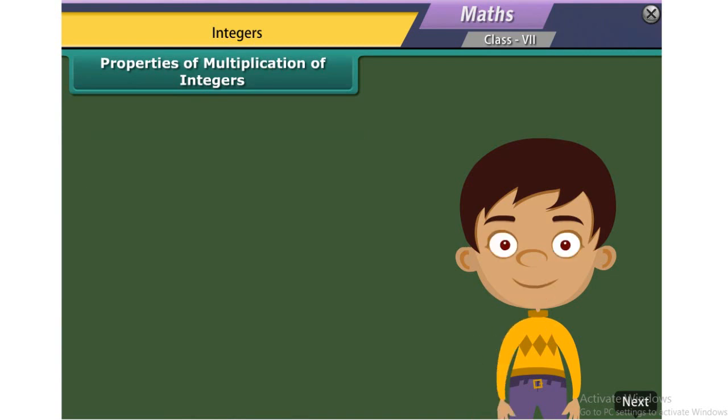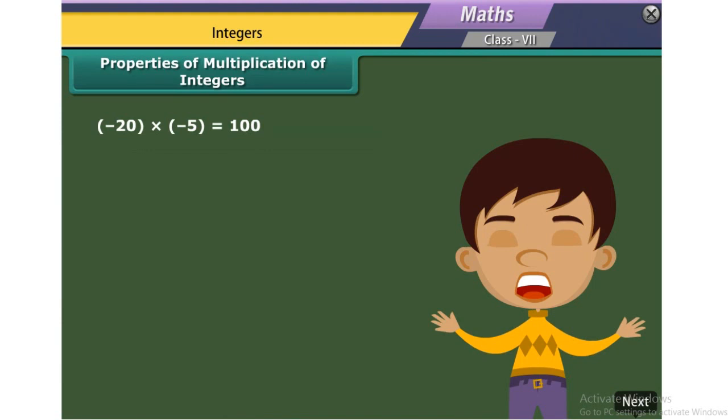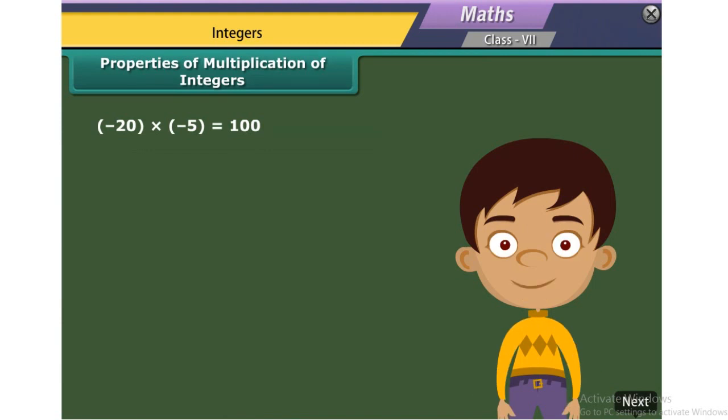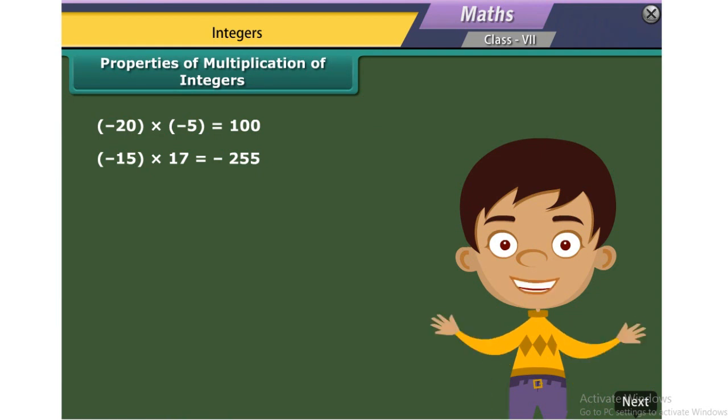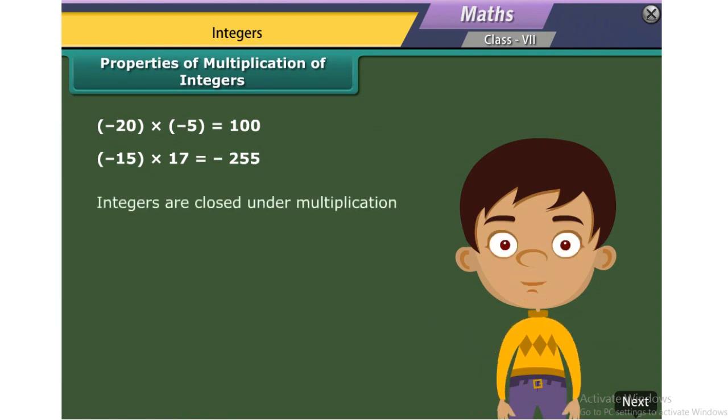For example, minus 20 into minus 5 is equal to 100. Minus 15 into 17 is equal to minus 255. So we can say that integers are closed under multiplication. In general, a into b is an integer for all integers a and b.